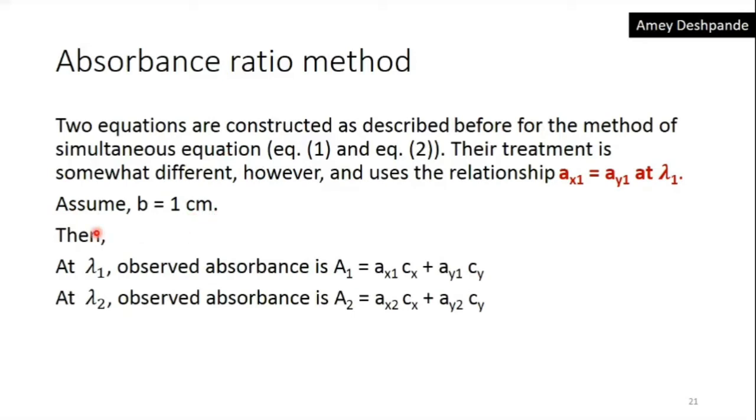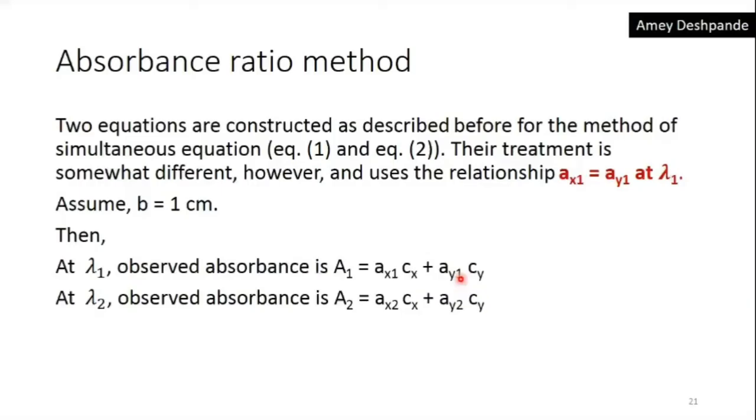As in the previous derivation, at lambda 1, the observed absorbance of the solution, that is capital A1, is equal to absorptivity of X at this first wavelength multiplied by concentration of X in the unknown solution, plus absorptivity of Y at the first wavelength multiplied by concentration of Y in the unknown solution.